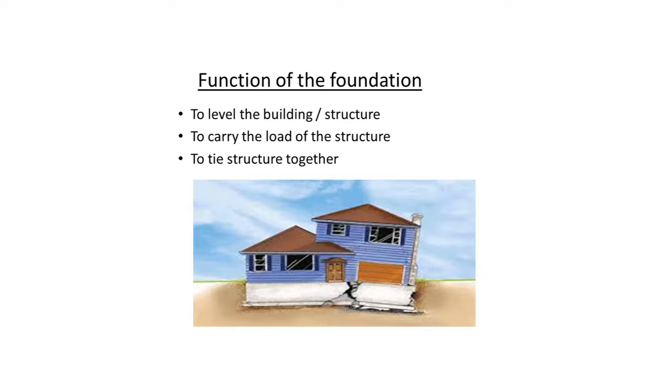The functions of the foundation are to level the building, to make sure that the structure is constructed on a level surface, and to carry every material that the structure is constructed out of. And lastly, to tie the structure together so that it doesn't fall apart.